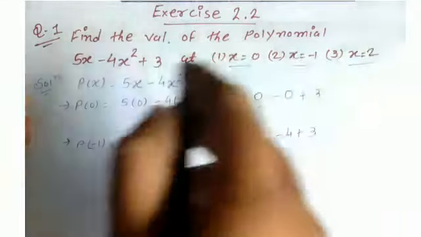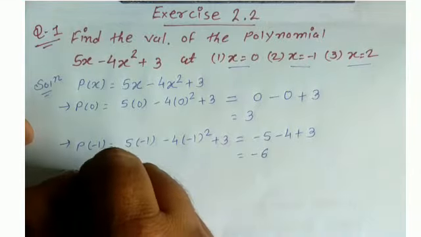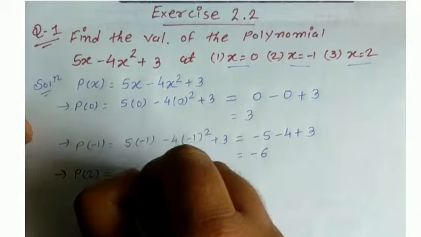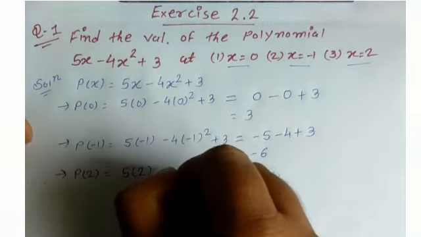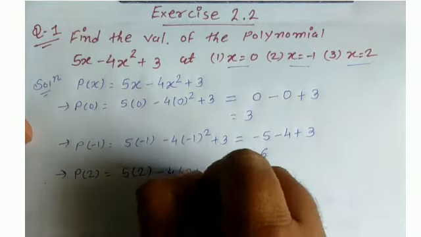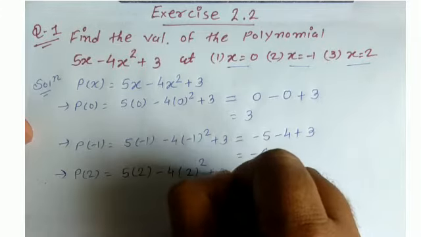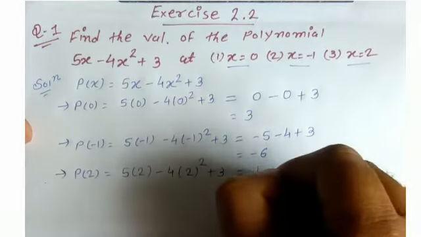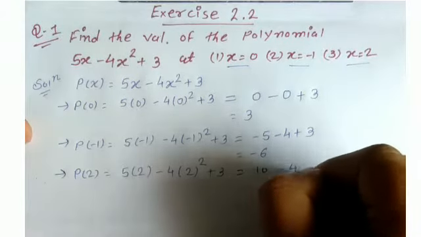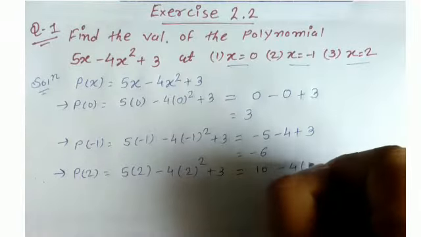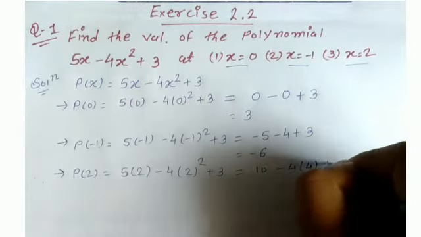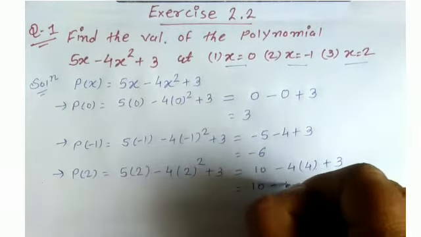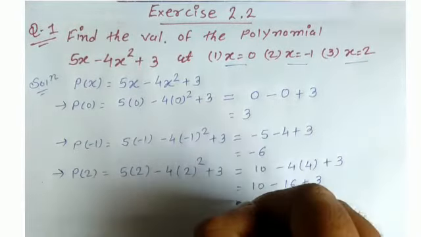Now x is equal to 2. So p of 2 is equal to 5 of 2 minus 4 of 2 square plus 3. So we can write now 5 2s are 10 minus 4 into 2 square is also 4, plus 3. So 10 minus 4 4s are 16 plus 3.